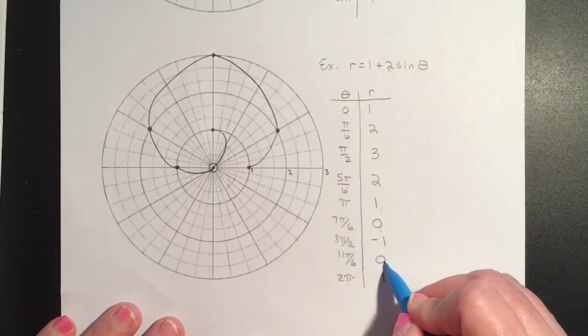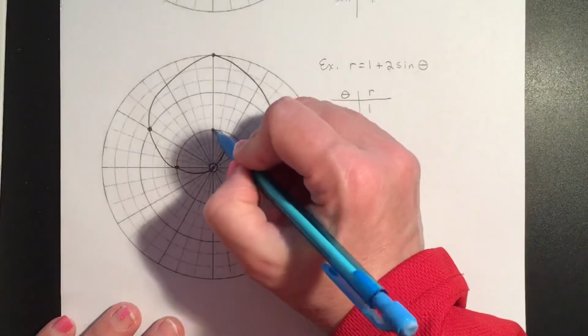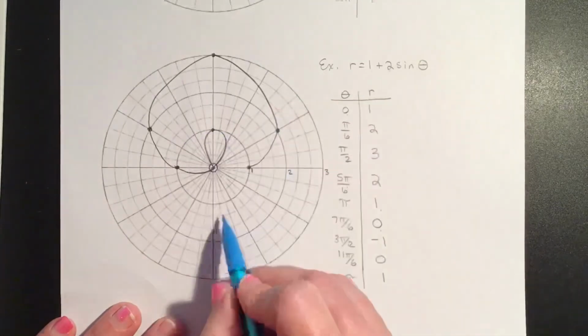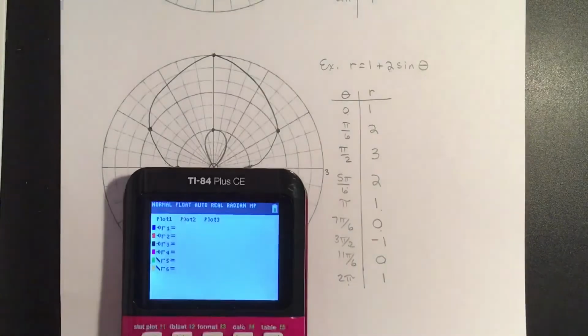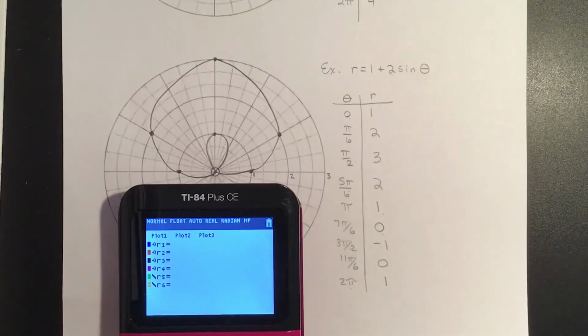And then 11 pi over 6 brings me back to 0, and then 2 pi brings me back over there to 1. We can check it, 1 plus 2 sine theta, and see what we get. Okay, looks the same.